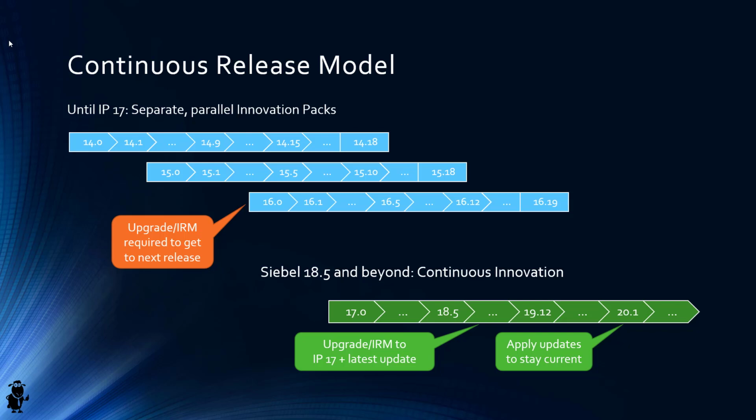So if you are on any version prior to Siebel 17, you are probably stuck at the latest available patch set, which is either .18 or .19, depending on your Siebel version.